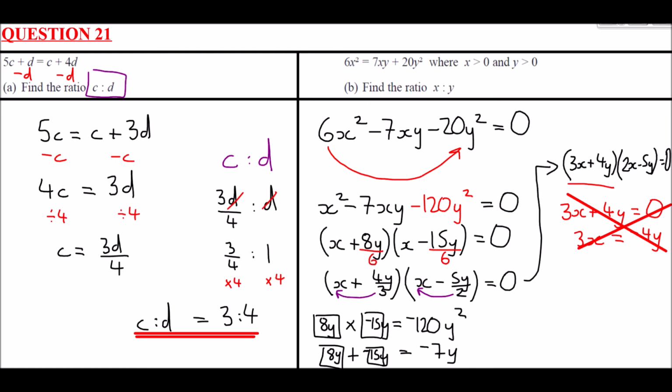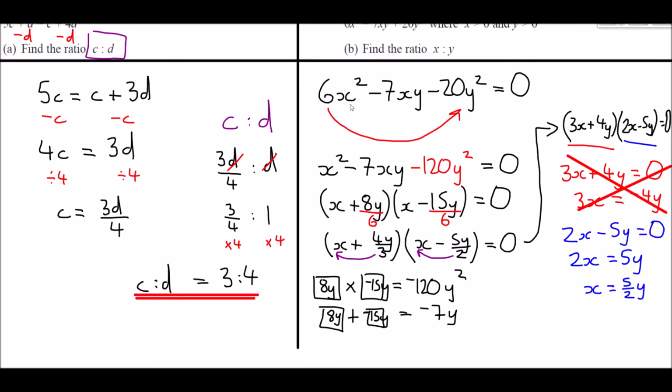We therefore have to consider this case, but it must be that 2x minus 5y equals 0. So get x in terms of y, so 2x equals 5y by adding 5y onto both sides. So then we have that x equals 5 over 2 lots of y.